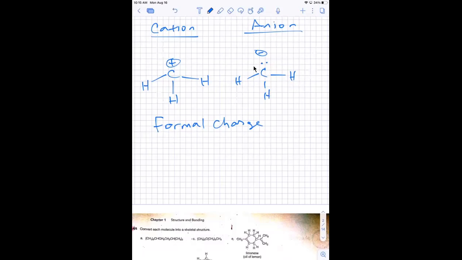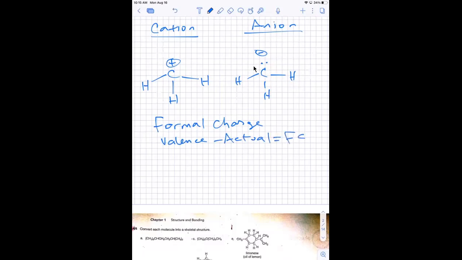It's going to be +1, like the cation that we see here, or it's going to be -1. So the way we calculate that is to take the valence minus actual, right? That's how we calculate it.